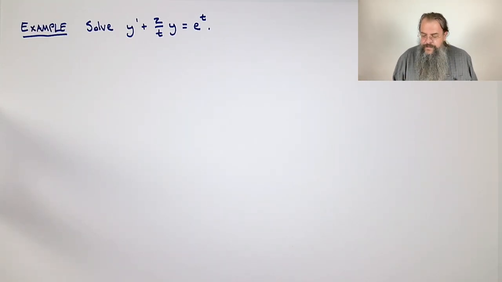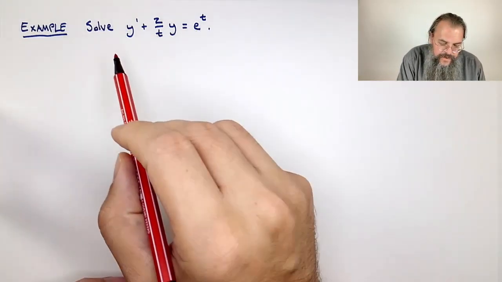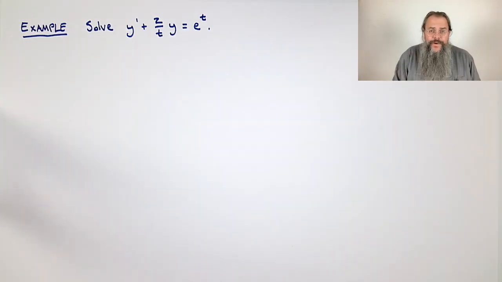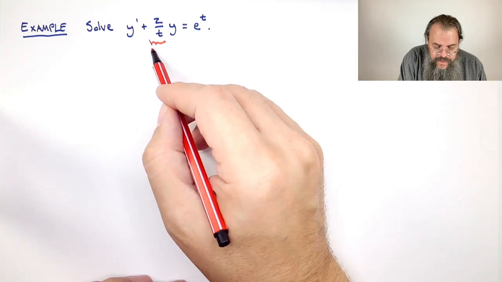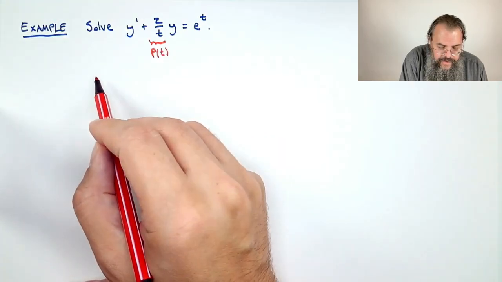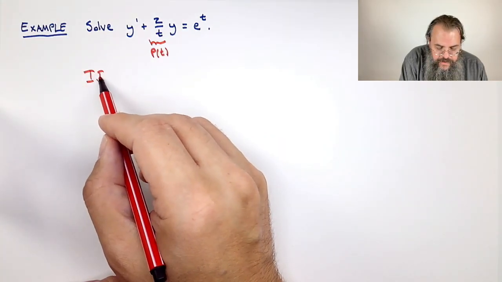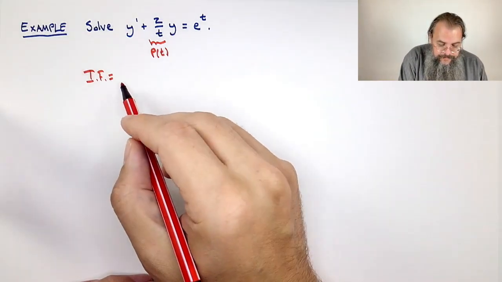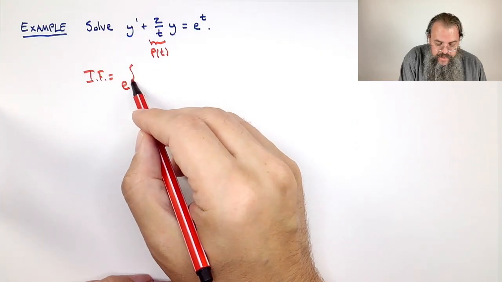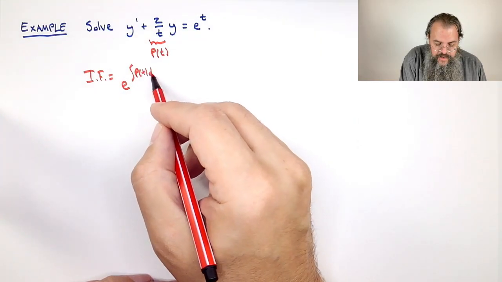Well, that doesn't seem so bad. Kind of feels a lot like things that we've done before. And we say, look, they made it super easy for us. It's even in the right form, right? So here's our P of t. So our integrating factor, we can even do in one step here because it's pretty straightforward to integrate, which is e to the integral P of t dt.